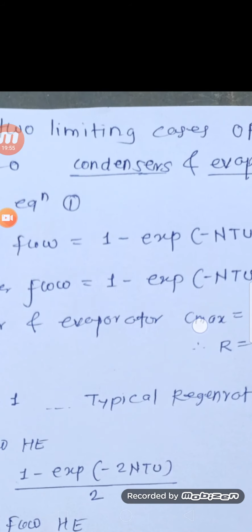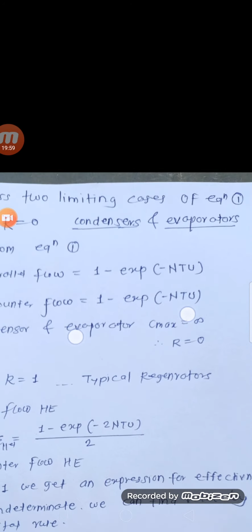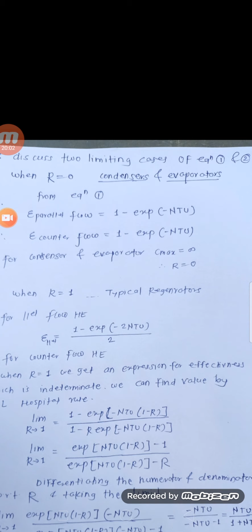That value is nothing but 1 minus exponential of minus NTU. Means what? Effectiveness for the parallel flow and counter flow is the same when R is equal to 0. R is nothing but the heat capacity ratio, and heat capacity ratio is 0 for the condenser and evaporator.